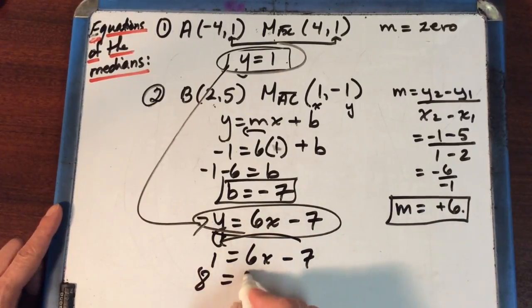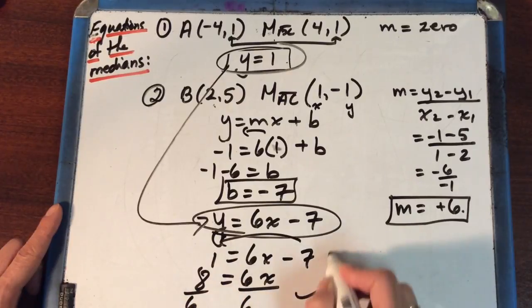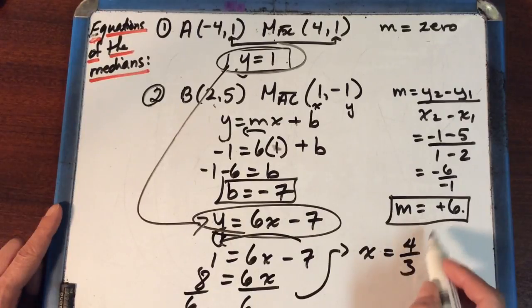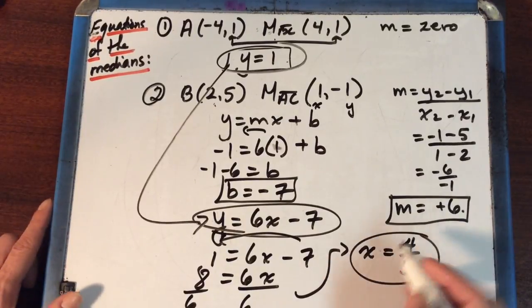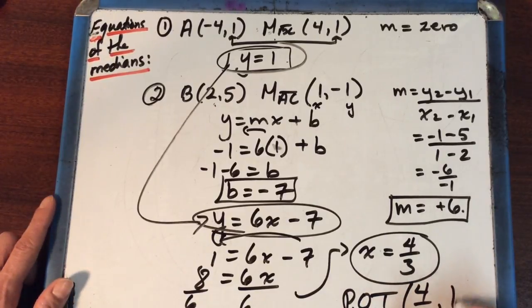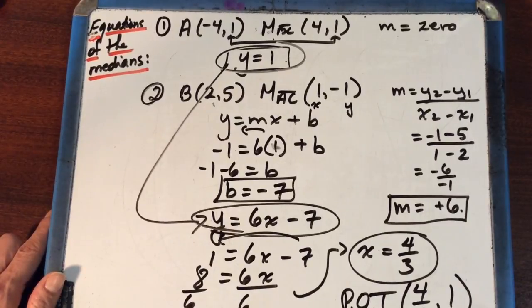That gives you 8 is equal to 6x, and divide both by 6. x is equal to 4/3. And so we're going to assume that this is the right point of intersection. It's (4/3, 1).